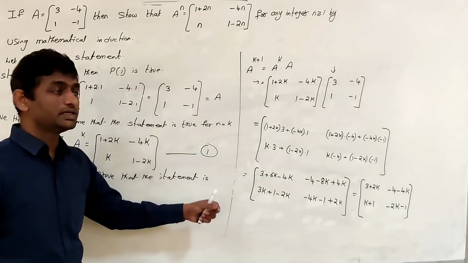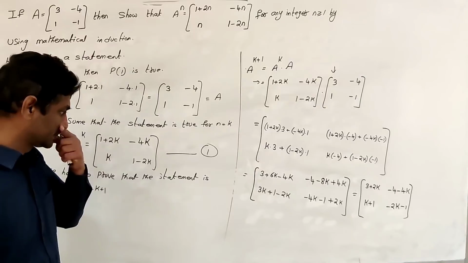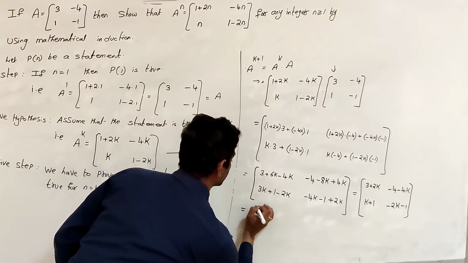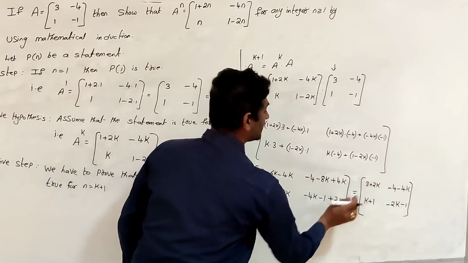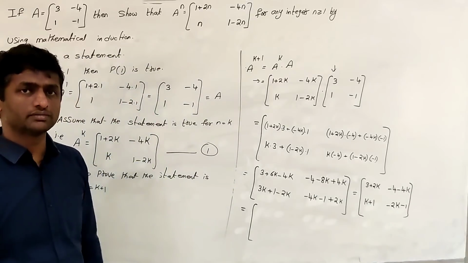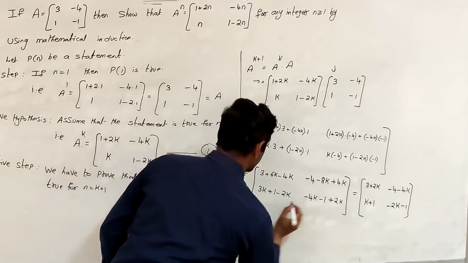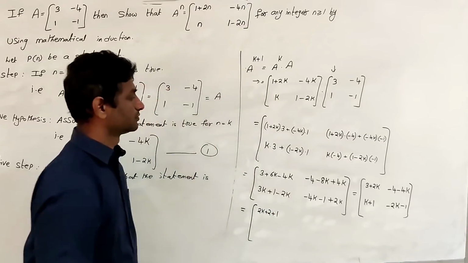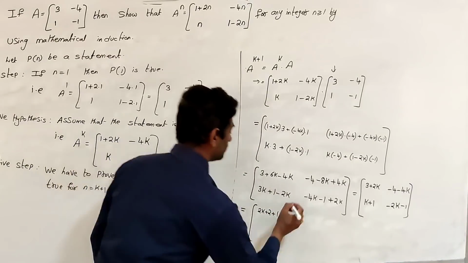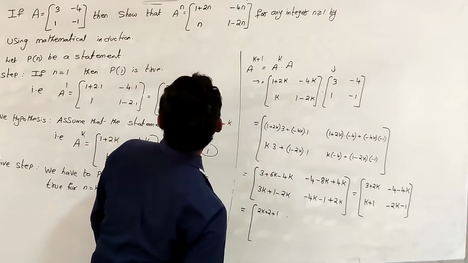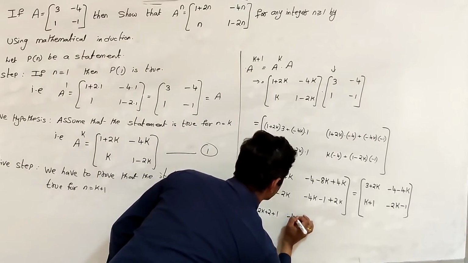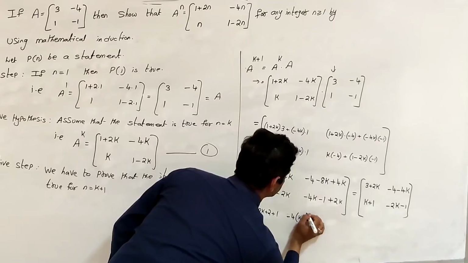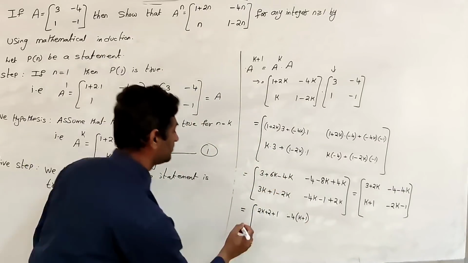Then how can we write in terms of k plus 1? 3 can be written as 2 plus 1, so 2k plus 2 plus 1. Minus 4 common, it will be k plus 1. Next, k plus 1.